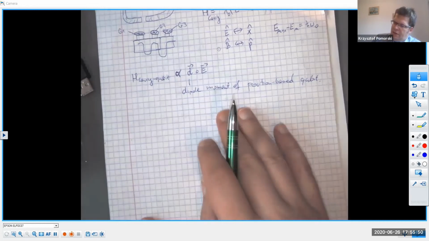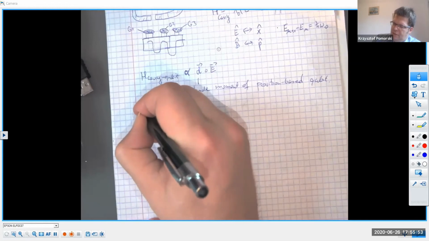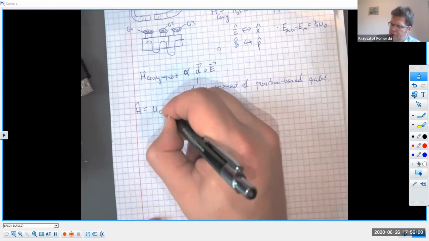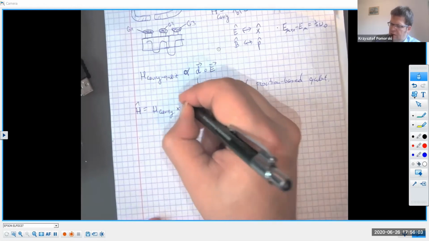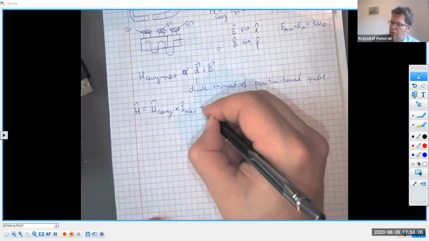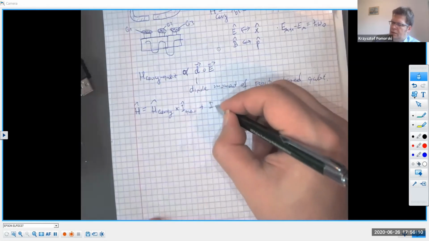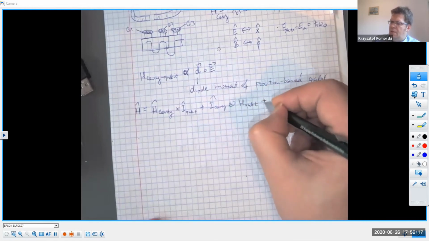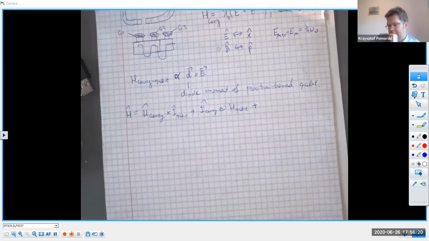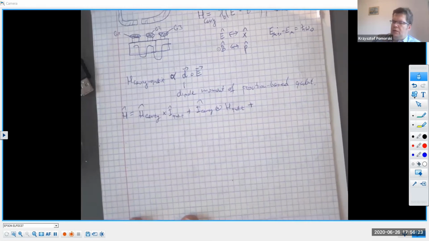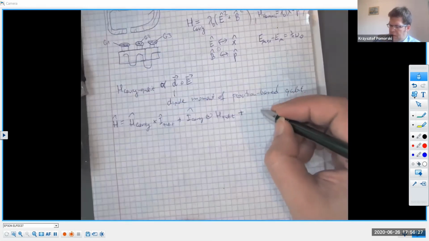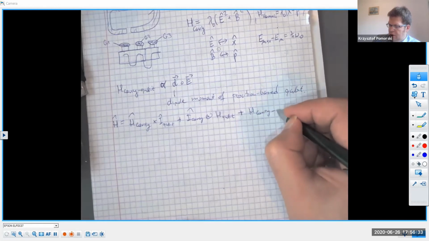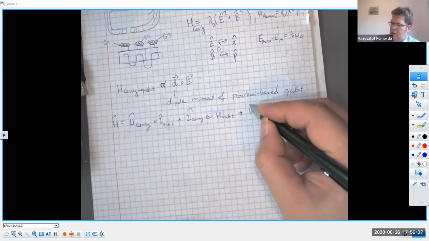So basically what we have is the Hamiltonian of the system, let's say, cavity Hamiltonian times identity of the qubit, plus identity of the cavity times qubit Hamiltonian, plus this interaction term, which joins both. So this will be the cavity-qubit term.